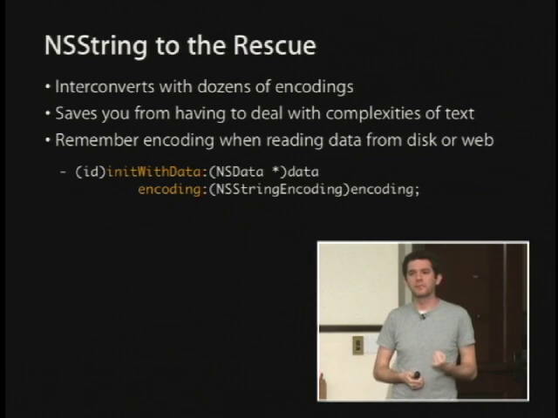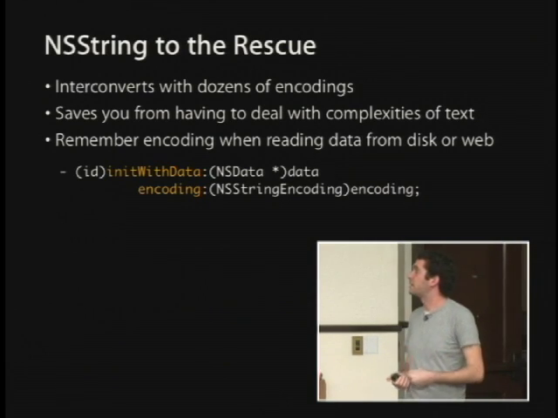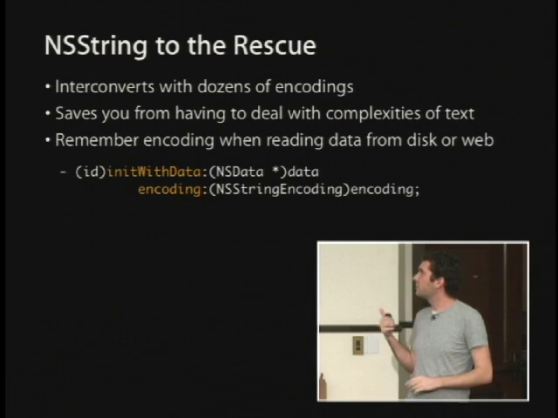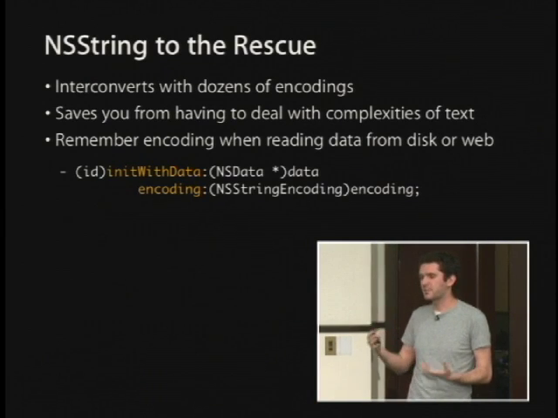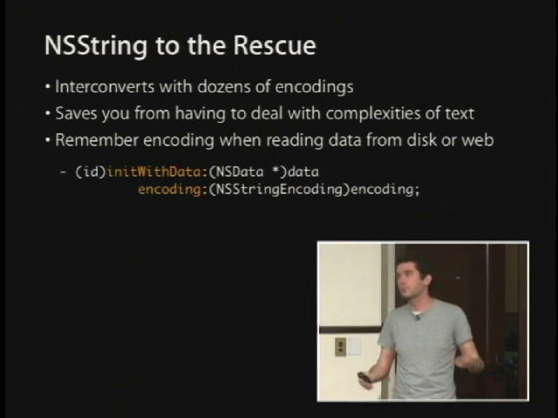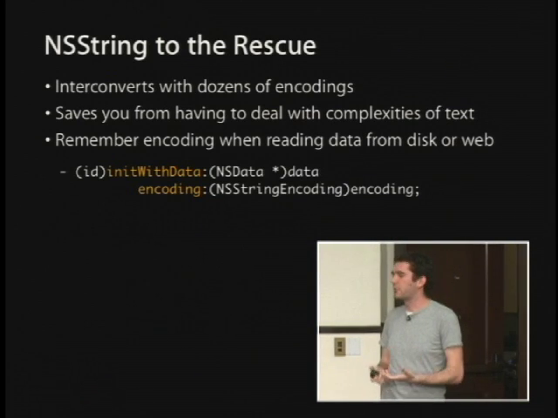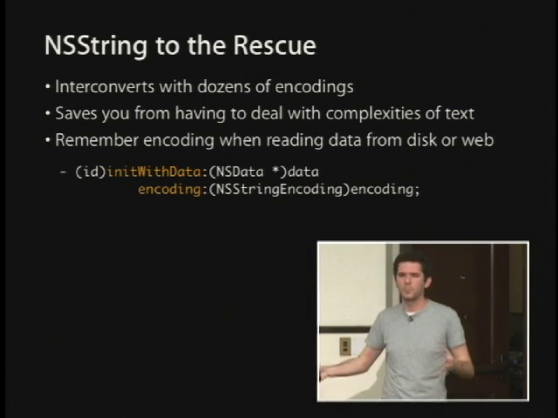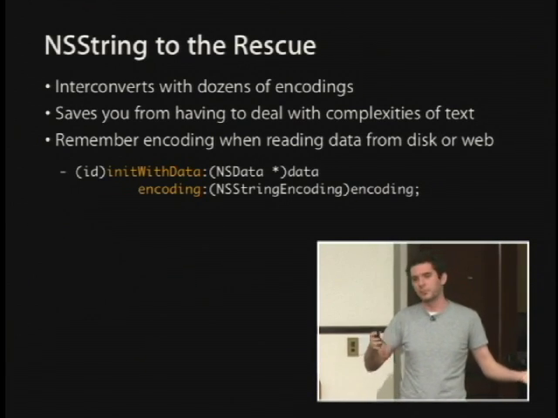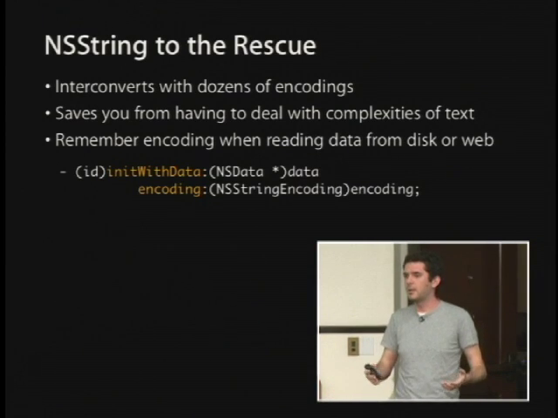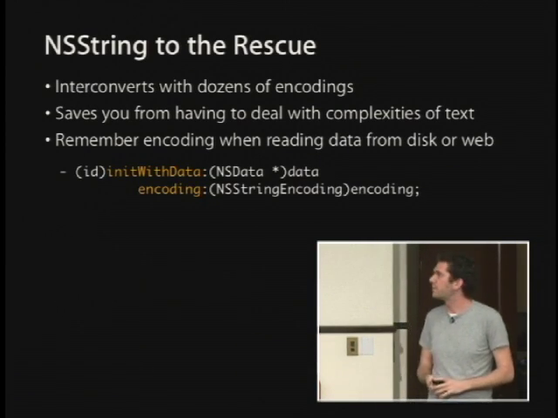NSString provides a lot of support for this, which is great for the strings files. Basically, it knows how to deal with all the different text encodings that you might have to know about for different parts of the world. It saves you from having to deal with all the complexities of text and converting from one encoding to another. You basically tell it what encoding you're getting data in, and it'll do whatever conversion is necessary to draw it on screen and save it off.